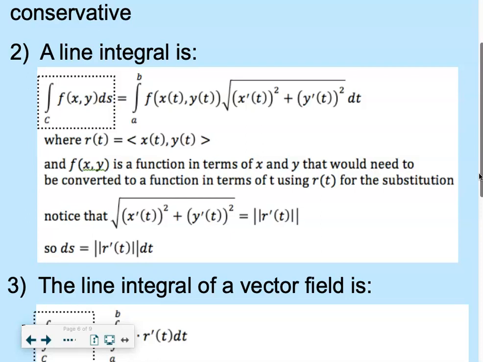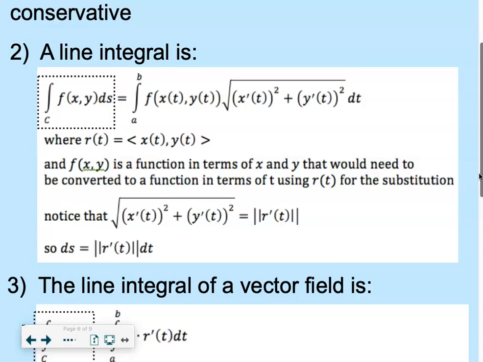And so ds is equal to the magnitude of r prime dt. It's kind of a conversion formula. You can almost think of the magnitude of r prime as like the Jacobian for converting those units from s's to t's. It used to confuse me how we went from ds to dt, but it's because your ds is equal to the magnitude of r prime times dt.